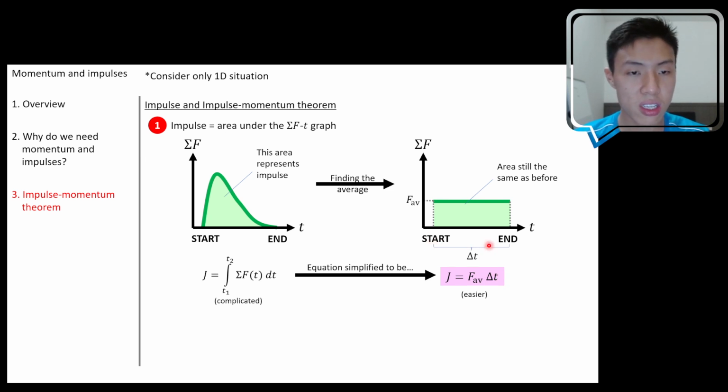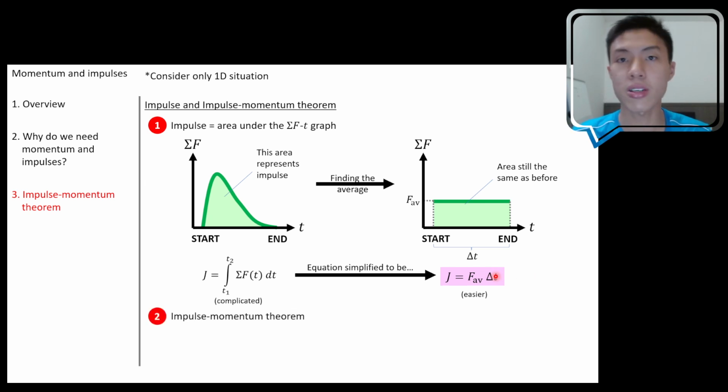The duration delta t is from the start of the event to the end of the event. Now this equation is much easier, and this is the equation that we'll be using in our syllabus to define impulse. So impulse is the product of the average force multiplied by the duration in which that average force is being exerted. So that's the first important message.